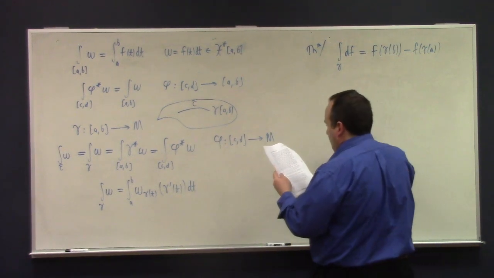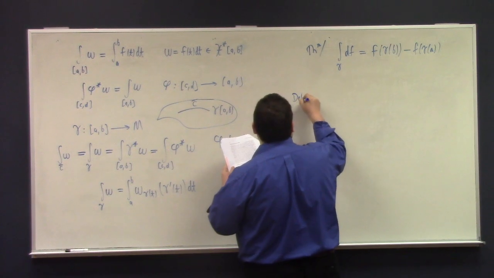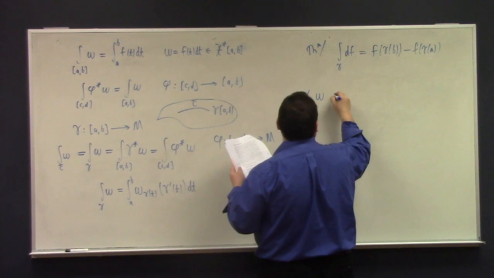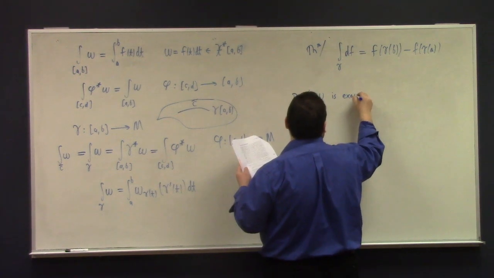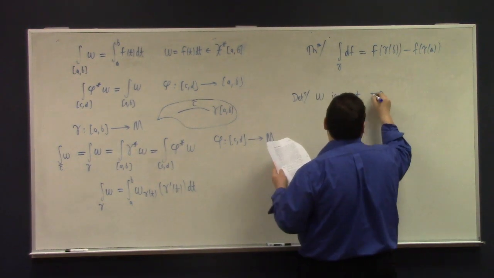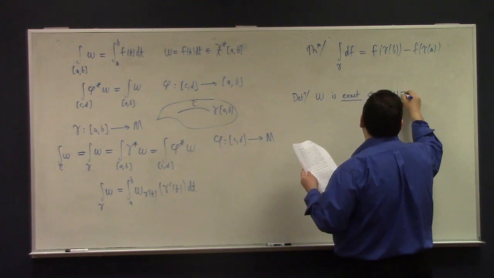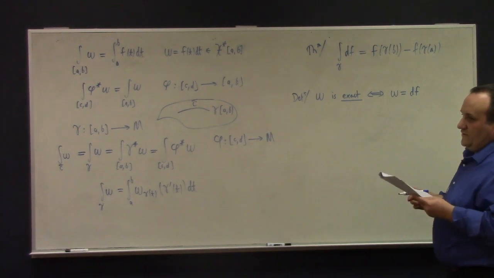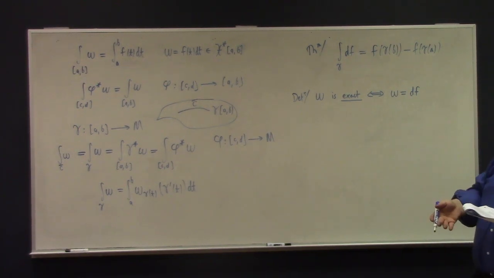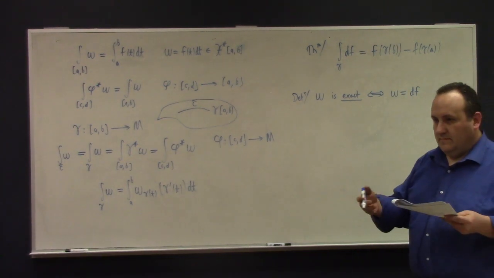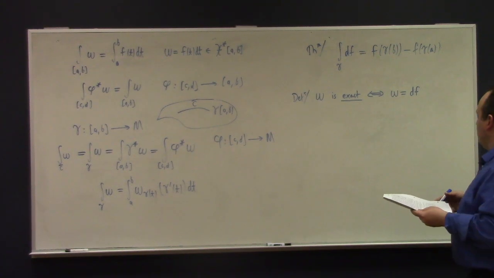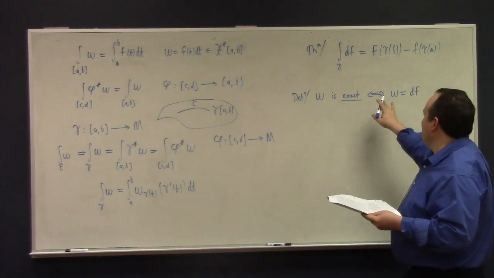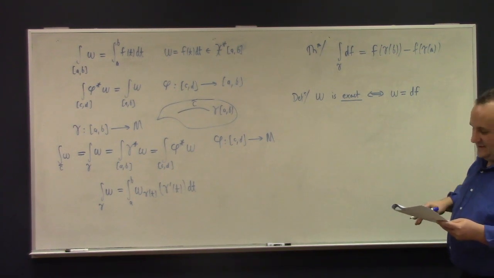Then he gives us a definition. Omega is exact if and only if omega is equal to the differential of some function. So exactness is the equality of, you're able to build the covector field from the differential of the function.